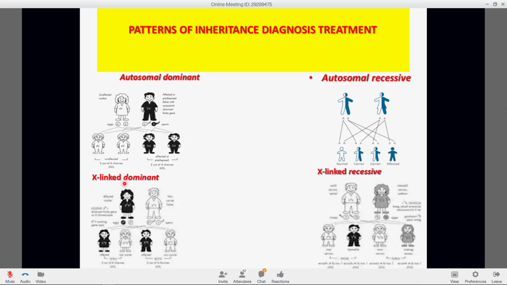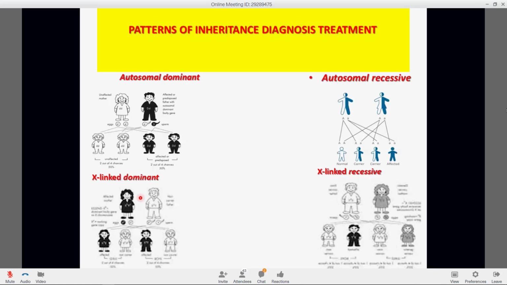And X-linked dominant and X-linked recessive, the abnormality is located in the X chromosome. In case of dominant, only one affected chromosome is enough to transmit the disease.